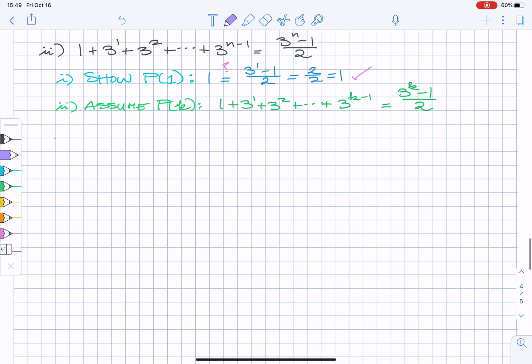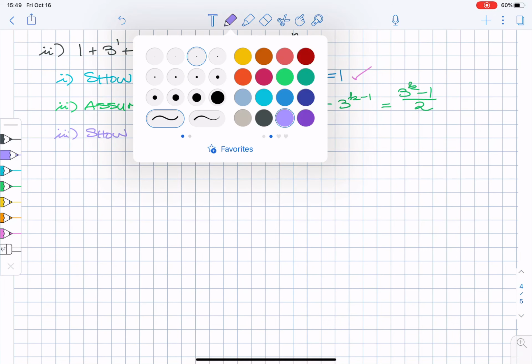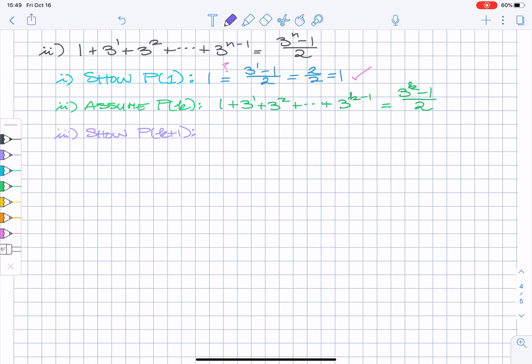Based on that assumption, I'm going to show that p at k plus 1 is true. So what is p at k plus 1? So I have 1 plus 3 to the first plus 3 squared plus dot dot dot plus 3 to the k minus 1. And then finally I have 3 to the k plus 1 minus 1.